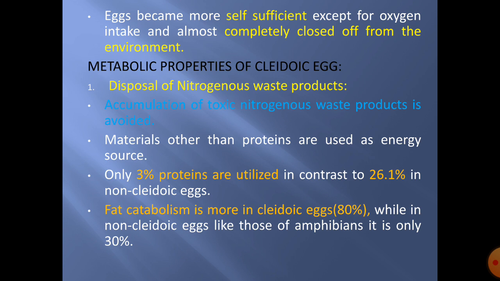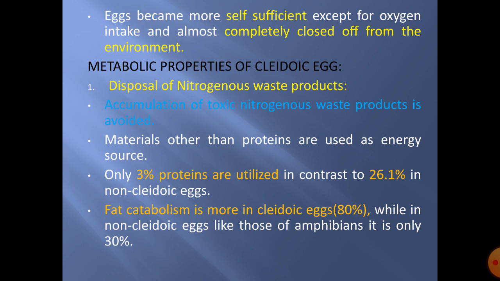Normally, with protein metabolism, three types of nitrogenous waste products are produced: ammonia, urea and uric acid. So these eggs have taken care that the accumulation of toxic nitrogenous waste is avoided. How? Materials other than proteins are used as energy source.